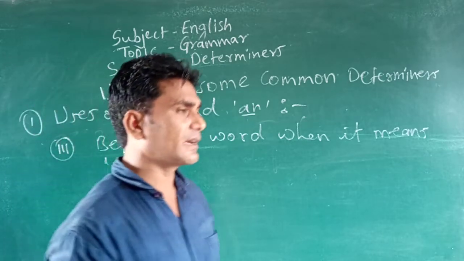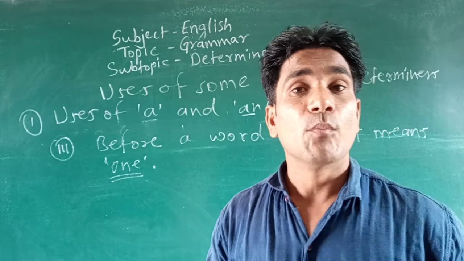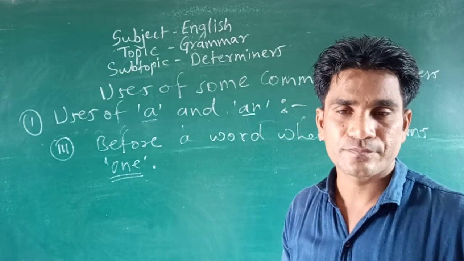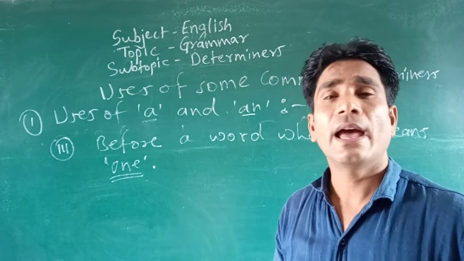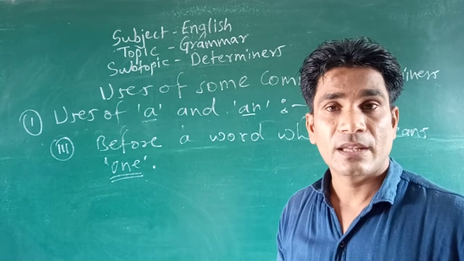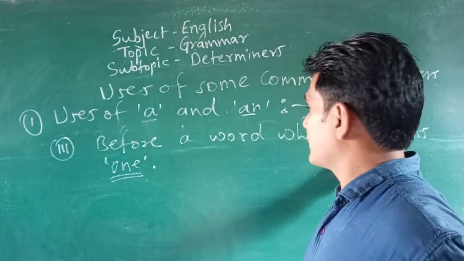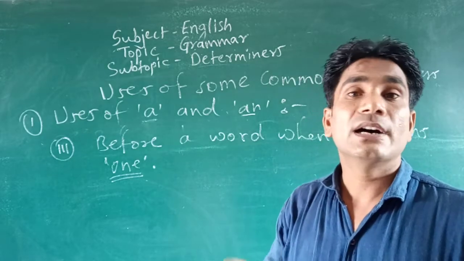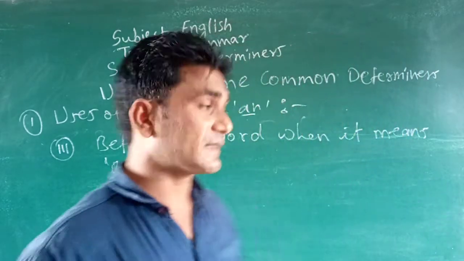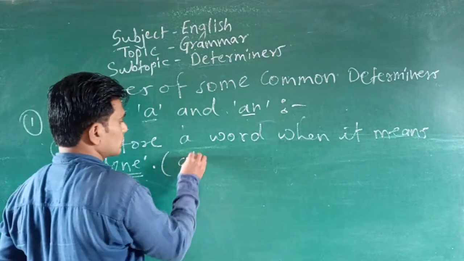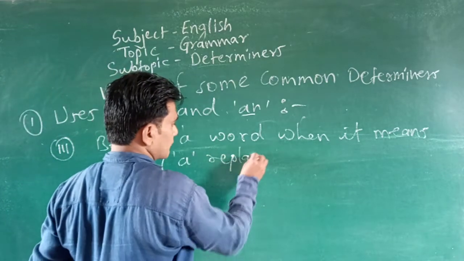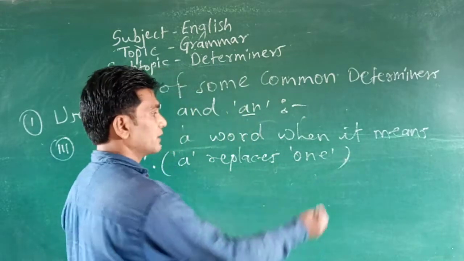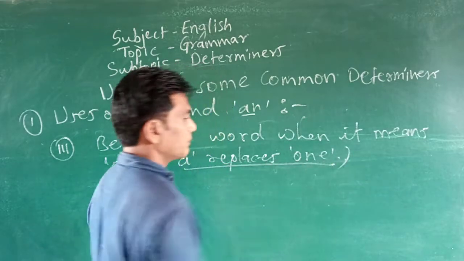But mostly, guys, I would like to tell you that in this case mostly a is used; an is used very rarely in this case. Before a word when it means one, we can say that a replaces one. It will be better to say a replaces one.